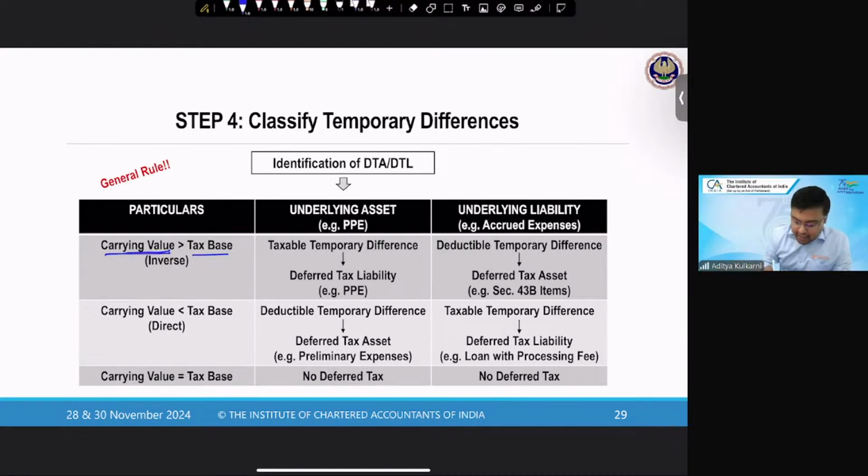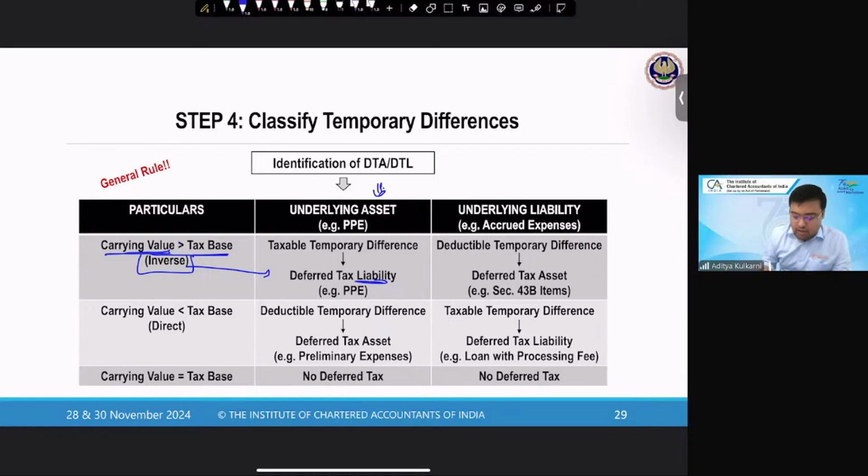If the carrying value is greater than the tax base of an asset, then the deferred tax will be a liability. Any asset, could be property, plant, equipment, it could be debtors, it could be inventory. जो भी है, if the carrying value is more than the tax base of an asset, the resultant will be a DTL. Okay? So rule क्या है?